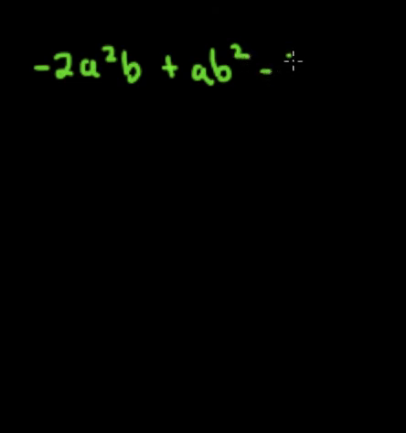In this case, we have minus 2a squared b plus ab squared minus 7. And they say that a equals 3 and b is equal to -2.